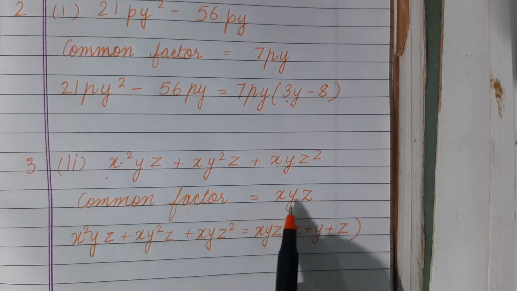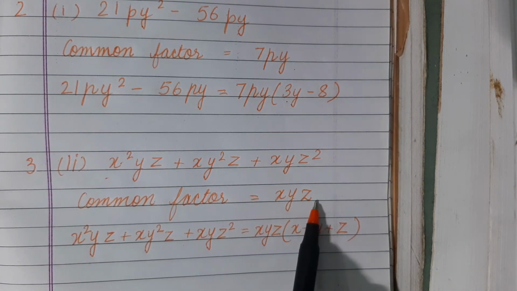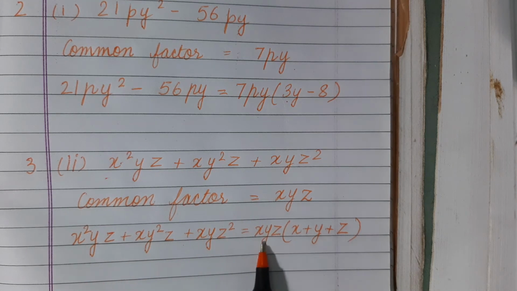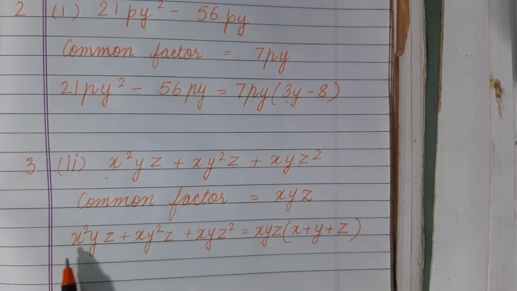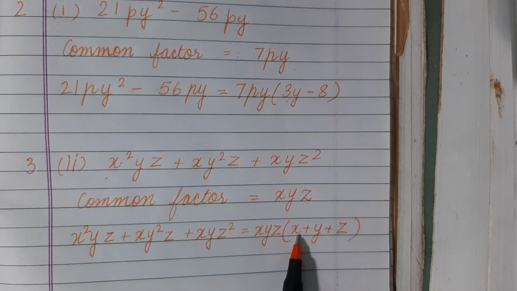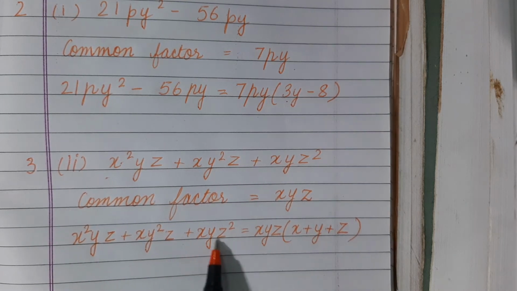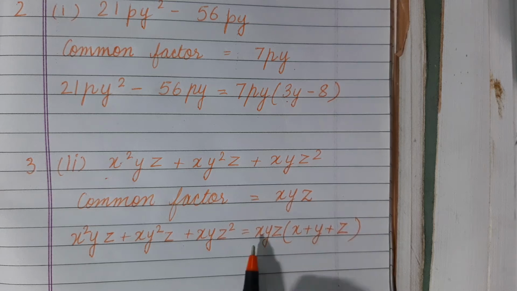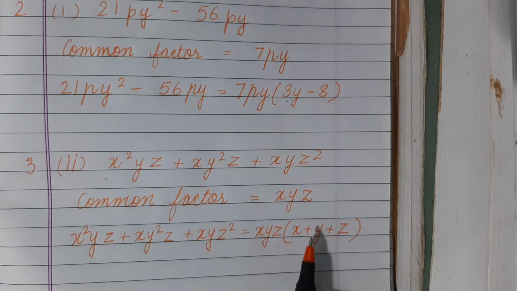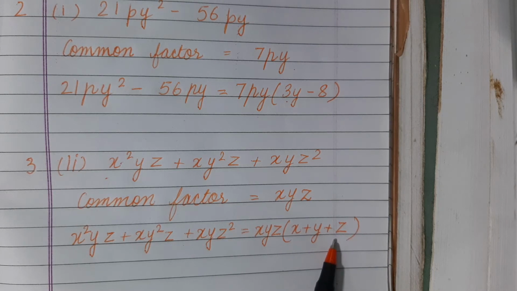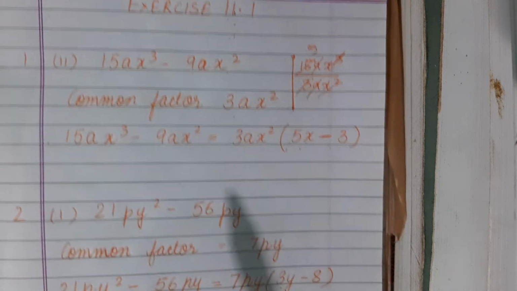Therefore, the common factor will be xyz. So when we take out xyz from all these, here x will be left, here y will be left, and in the last one z will be left. Therefore, we can write xyz in bracket x plus y plus z. This will be your answer.